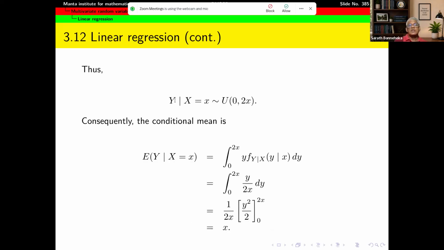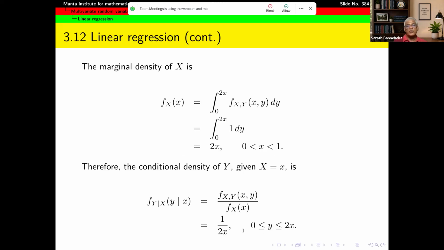So y given x is uniform, because for a given x, x is fixed. We are looking at the conditional density of y given x equal to a simple x. So when y is between 0 and 2x, where 2x is a fixed value, this is a uniform distribution. We have looked at this example previously, as I mentioned.